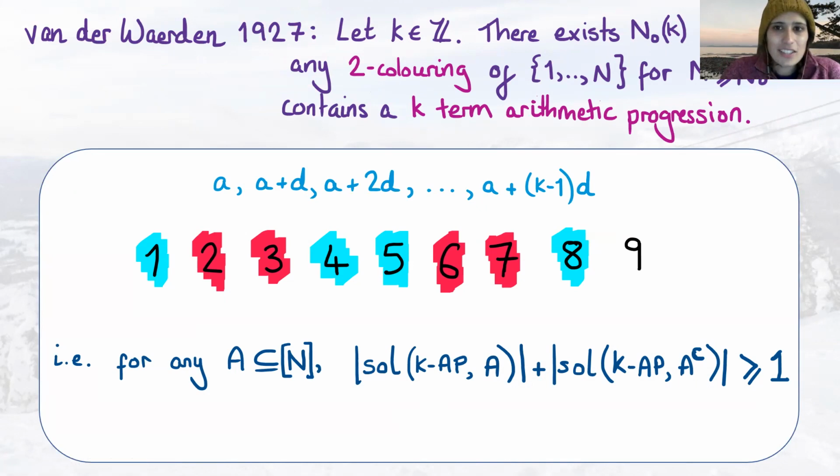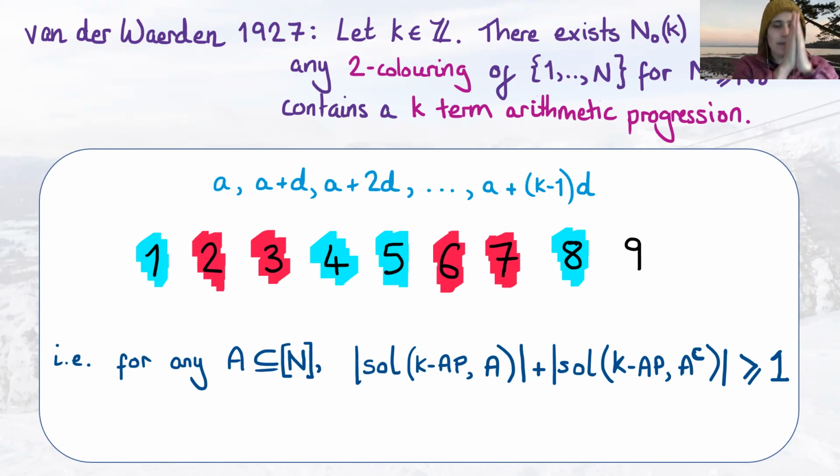So if k is an integer, then it says there exists some n0, which depends on k. So once you've got this n0, so you've got any coloring of some long enough sequence of integers, you're going to find a k-term arithmetic progression in there.